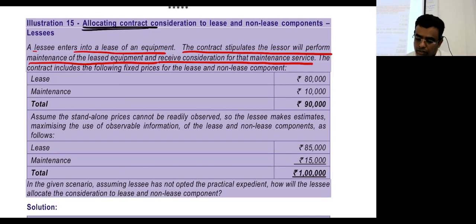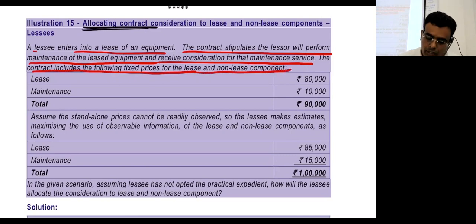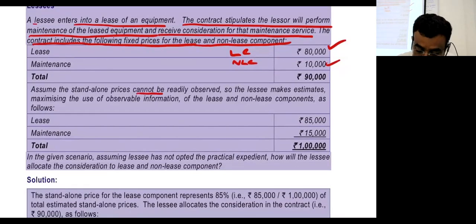The contract includes the following fixed price for the lease and non-lease components. Lease is 80,000, maintenance is 10,000. This is the lease component, this is the non-lease component. Assuming the standalone selling price cannot be readily observed.